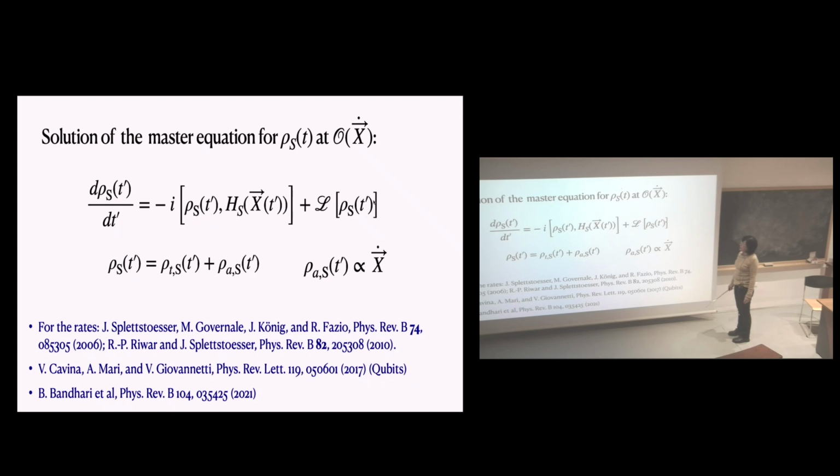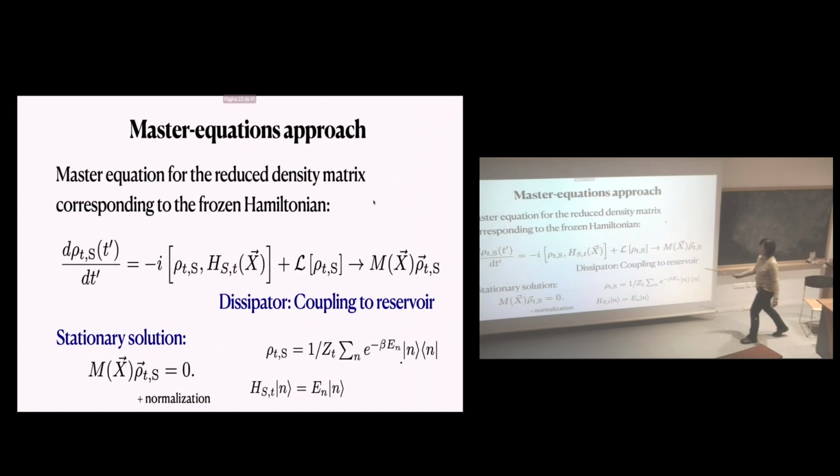So the equation I wrote before is a usual Lindbladian equation. I insist that what I'm writing here is the Hamiltonian for the frozen parameters.